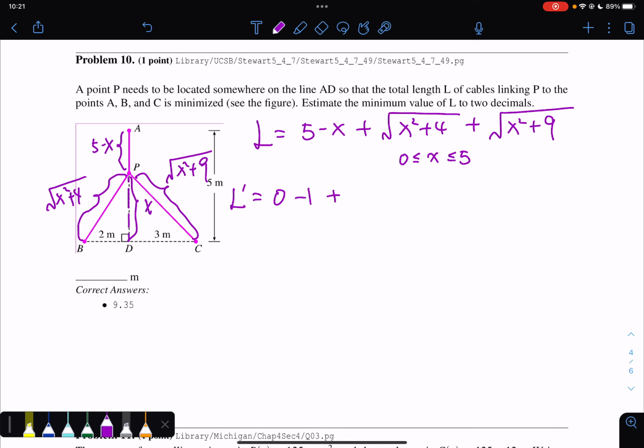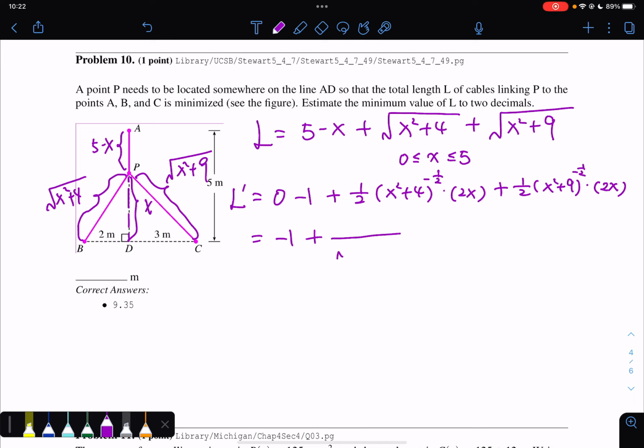And then I have square root, so I have 1/2 of x squared plus 4 to the power of negative 1/2 multiplied by 2x, plus 1/2 of x squared plus 9 to the power of negative 1/2, multiplied by the derivative of the inside layer. So I end up with negative 1, and the 2 and 2x cancel out. So it's x over square root of x squared plus 4, and then x over square root of x squared plus 9.